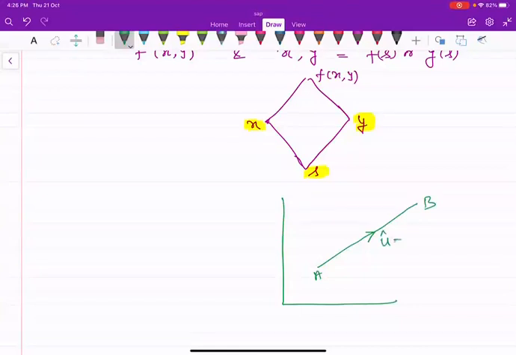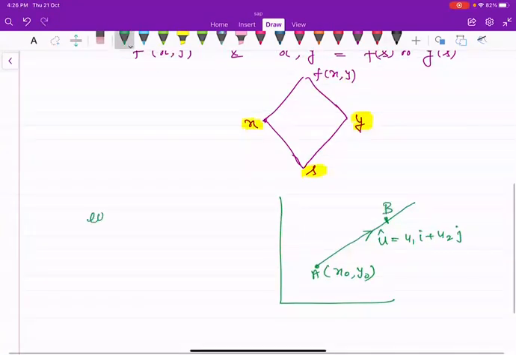And u can be written as u1 i plus u2 j. A is a point whose coordinates are x naught and y naught. And suppose this is the line, and let us denote this point by B.